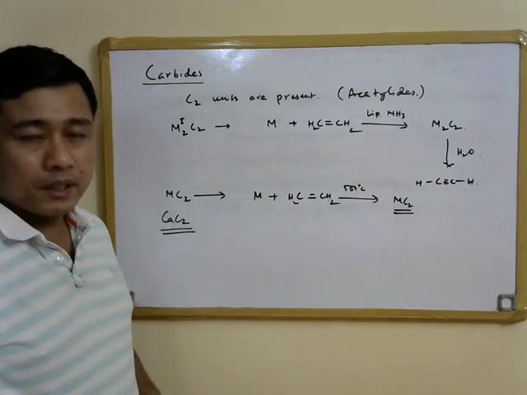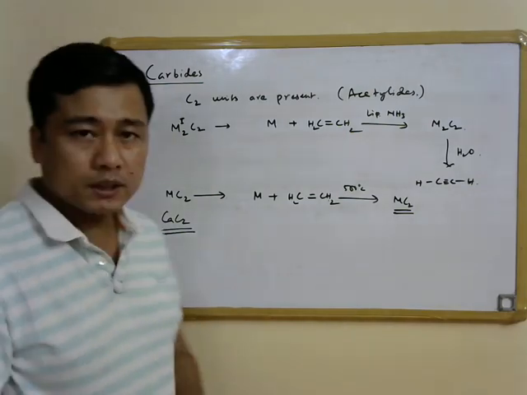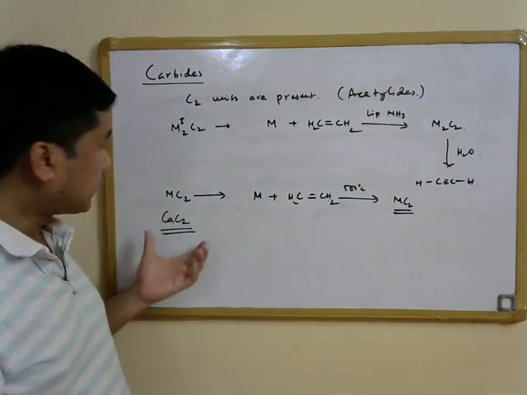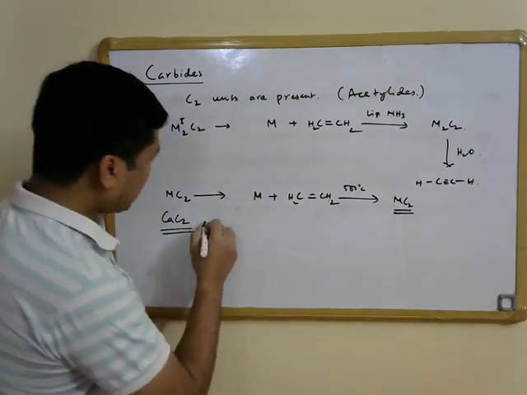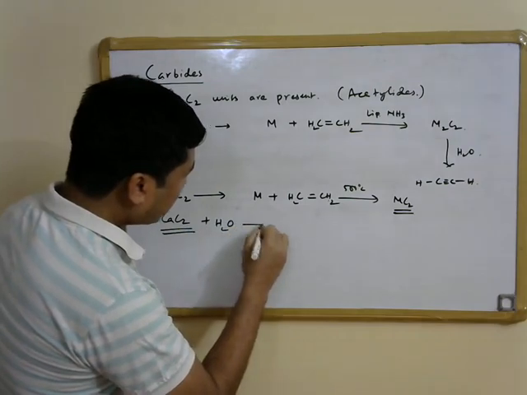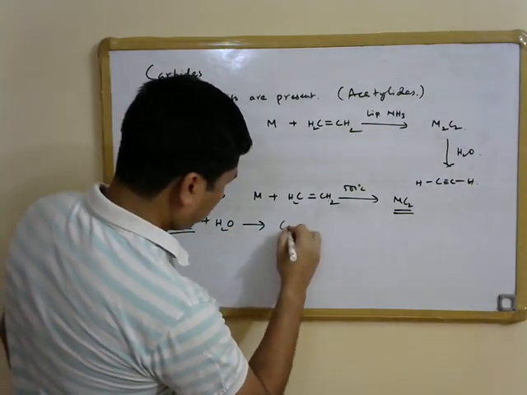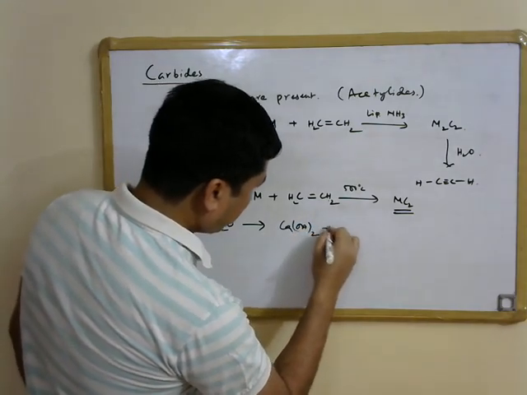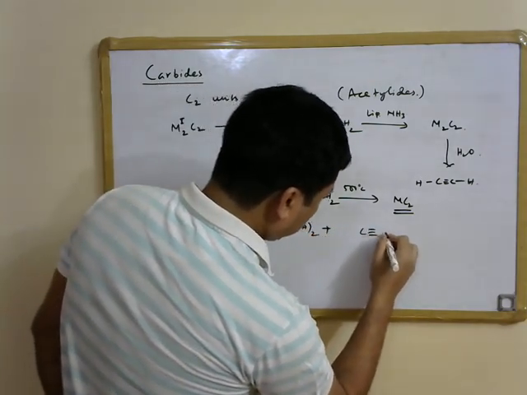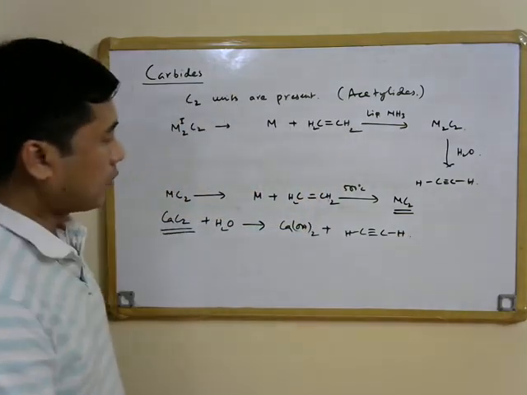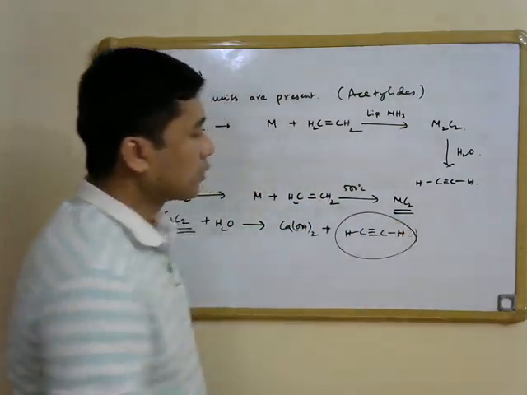this type of carbide. And calcium carbide is used as a source of acetylene gas, as upon hydrolysis calcium carbide yields calcium hydroxide and acetylene in this way. So that is why calcium carbide is a good source of acetylene.